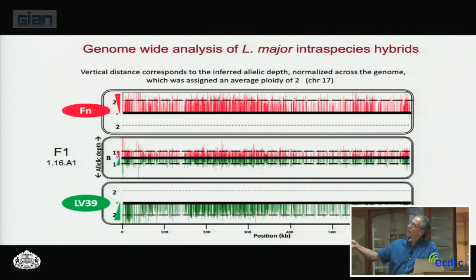The red SNPs indicate the SNPs that are in the Friedlin, this FN parental line. These are the SNPs across the chromosome. This is the other parent, with the SNPs represented in green. Again, these are homozygous SNP differences between the two L. major strains.